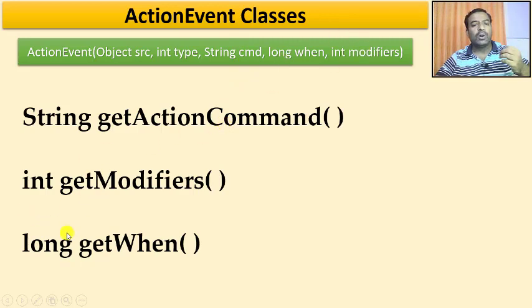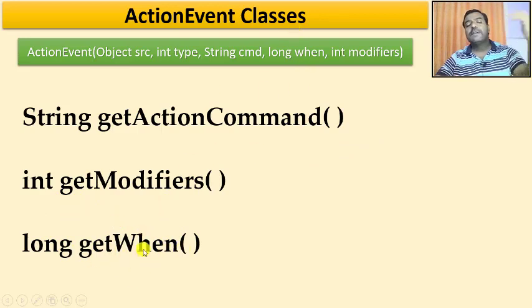And to know what modifier has been used, I am going to use getModifier. It is going to return me an integer value, which is going to be the value of the constant I have just discussed with you, either for the alt mask, the control mask, or any of those. And if I want to know the time, I am just going to say long getWhen, when the command has happened.